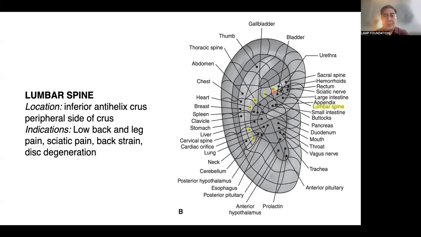Of course it's good for low back pain and leg pain. You can also use this for sciatica, back strain, and disc degeneration. Okay? So if you have patients like this, kasi most likely meron din yan silang hip pain, diba? If you know sciatica.